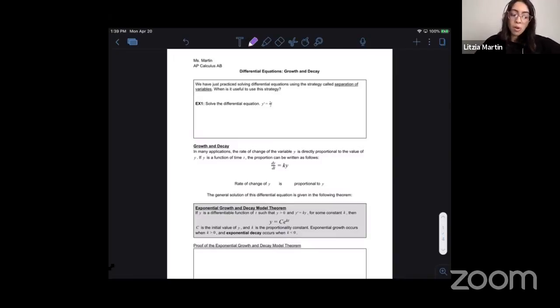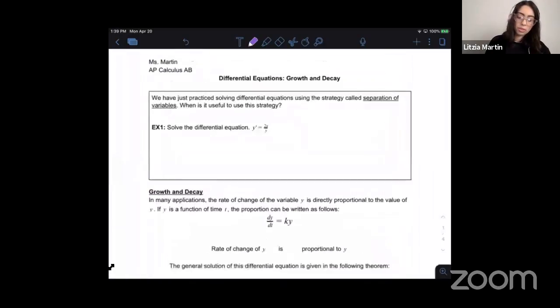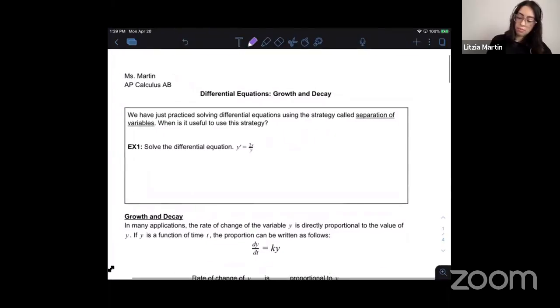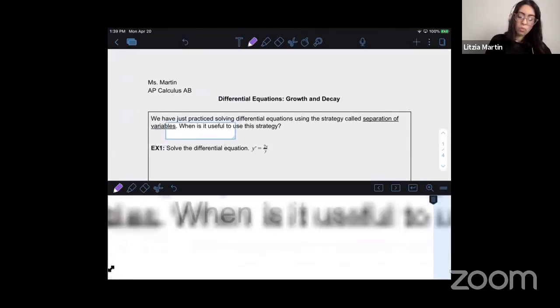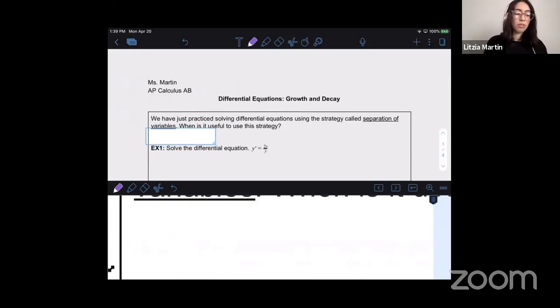And we already went over part of this on our last class session when we talked about separation of variables. So if you can recall, we use separation of variables when we have more than one variable. So this first little question here, when is it useful to use the separation of variables?